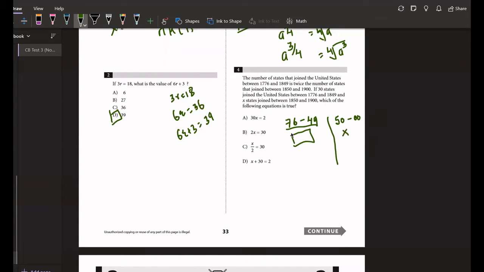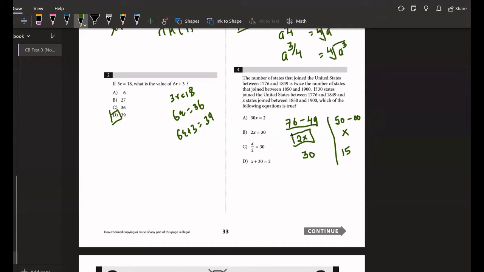If this is X, this is going to be 2X. 30 states joined between 1776 and 1849, so here the value of 2X is 30. X states joined between 1850 and 1900, so the value of X is going to be half of that, which is 15, right?